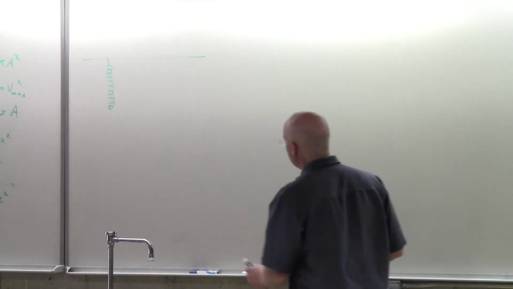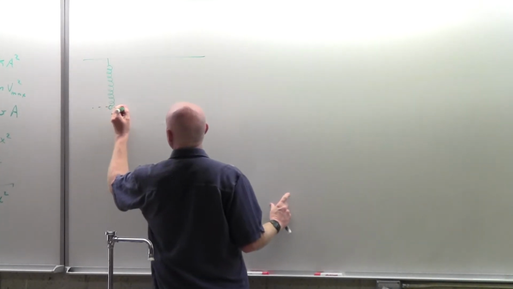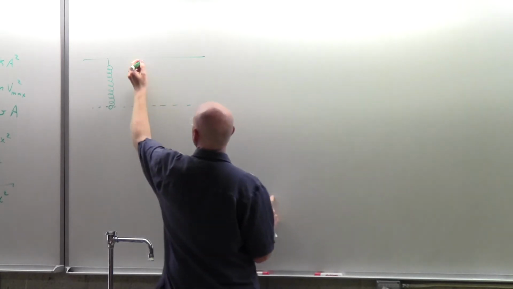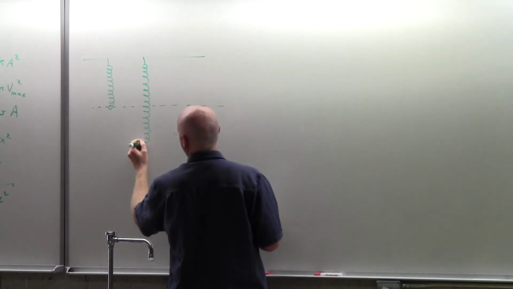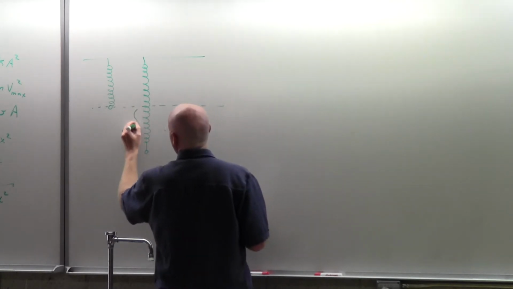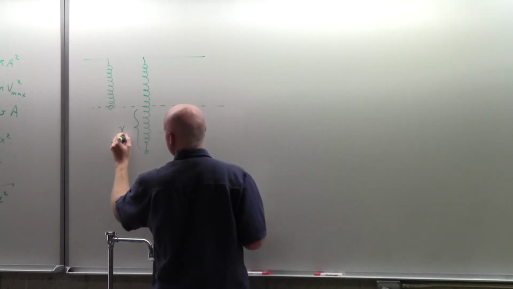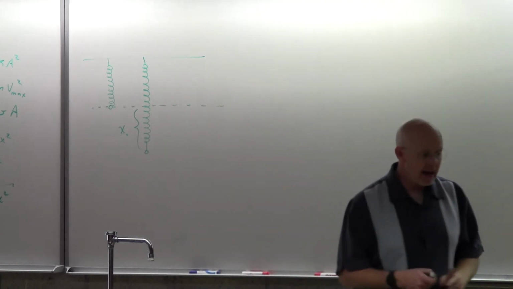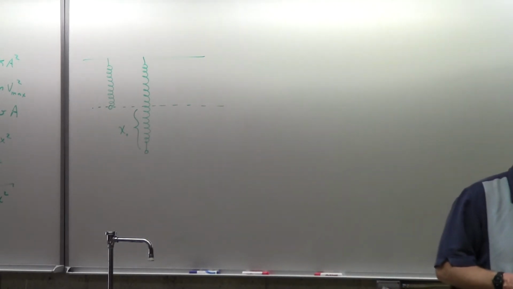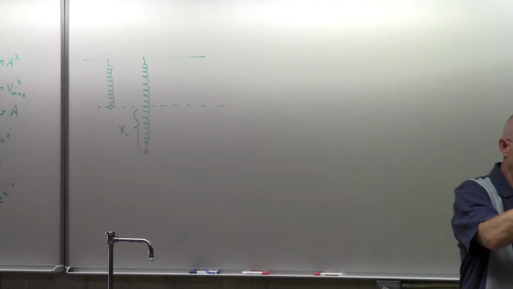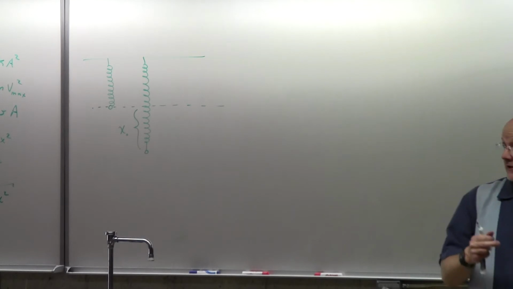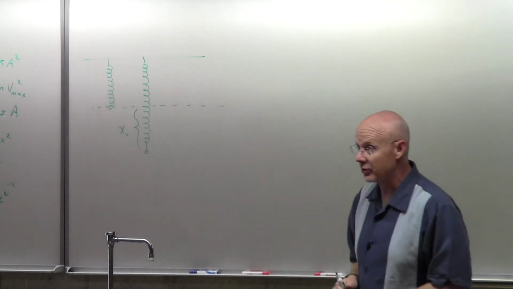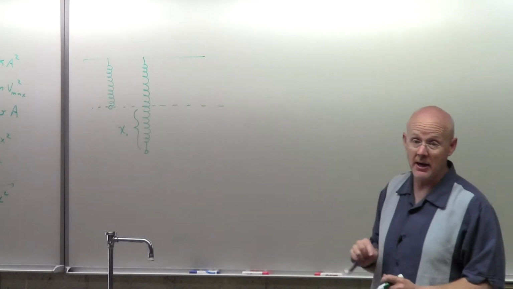And if I then come along, and I'm going to do a little dotted line here, so this is the natural length of it. And I put a mass at the end of it, which would look something like this. That's obviously going to extend it past its natural length a little bit, and I'm calling that x naught.